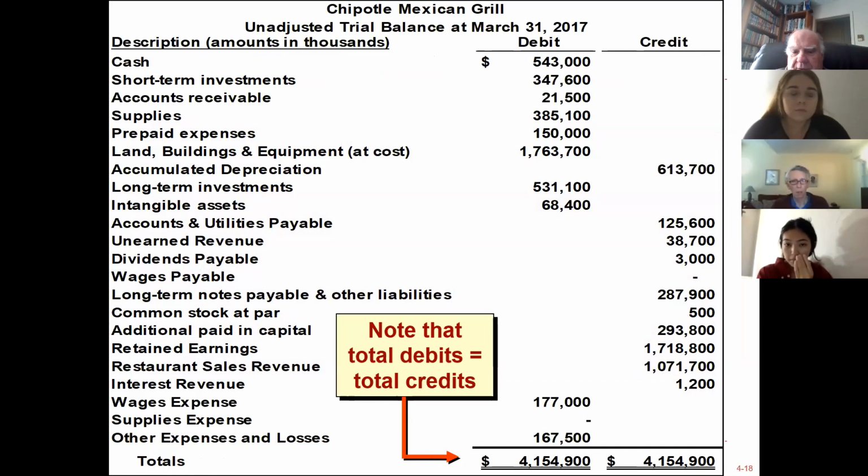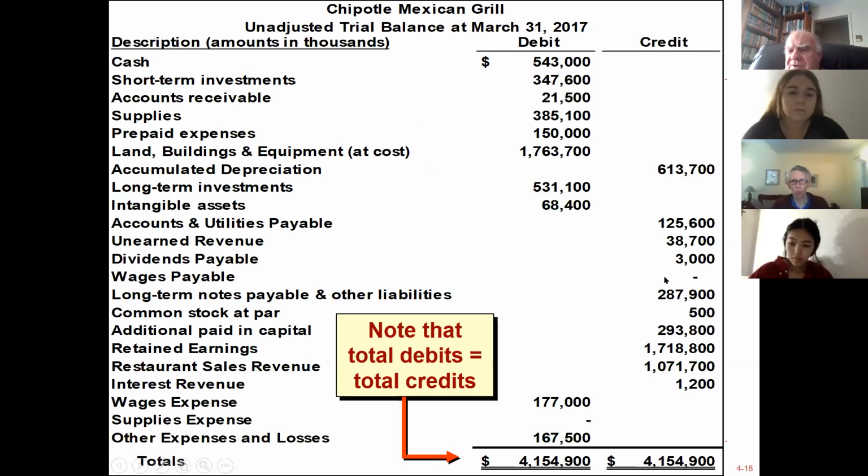So here we go. Chipotle, huh? Unadjusted trial balance. The month just ended, right? And I see Chipotle here. We know it's unadjusted because they're telling us. That means that they have to write adjusting entries. It's impossible to avoid them. For example, look at the wages payable. I don't see a number there.